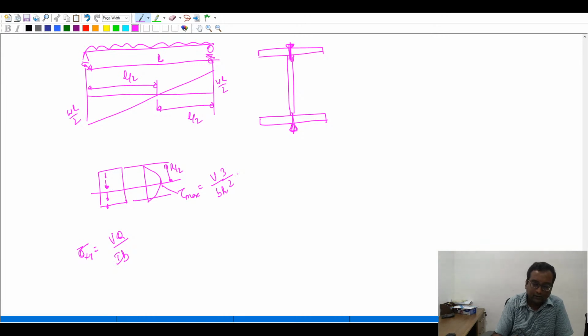So that kind of a shear flow cannot happen. Because at this corner point the shear stress has to go to 0, here it has to go to 0, here it has to go to 0. So if this is a thin member, you can't have vertical shear stress distribution. So there what happens is, we will have a horizontal shear stress flowing like this.